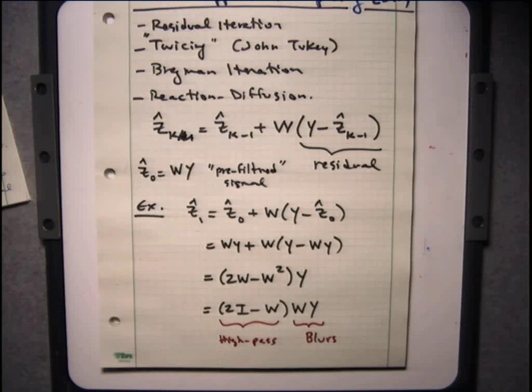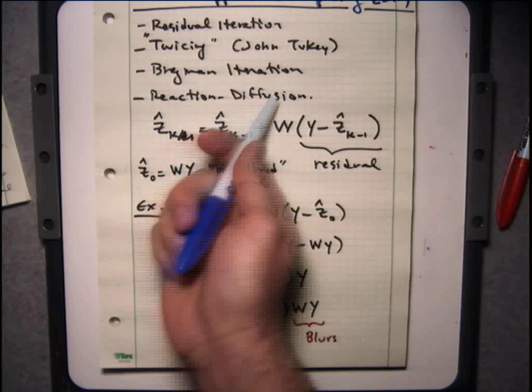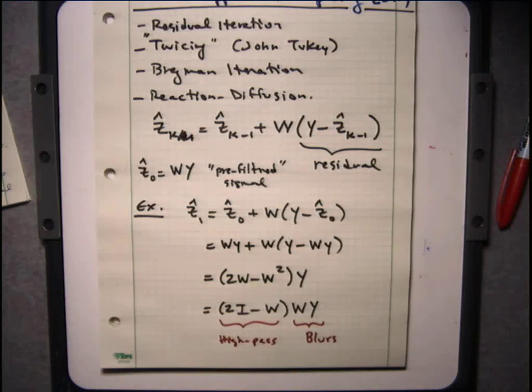iteration. So what this ends up doing, and this is, by the way, the reason why it's called the reaction diffusion equation as well: with diffusion, things continue to diffuse. What's happening here is that at every iteration you get diffusion, and then you're kind of pushing back against that diffusion, which is this high-pass component.